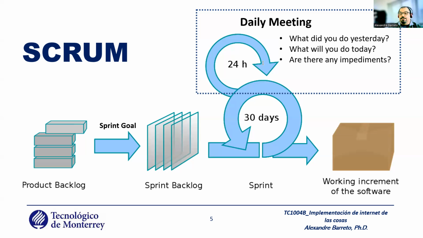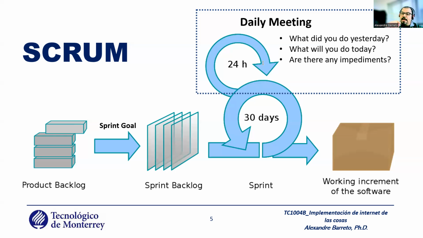Another thing that is important, for example, developer 1 needs a result from developer 2, and developer 2 says, oh, I'm a little late. It's important that everybody understands, because developer 1 needs to know that developer 2 is waiting for his results, and developer 2 says, oh, I have a very, very big problem, I need more time to finalize. That is the reason this meeting is so important.